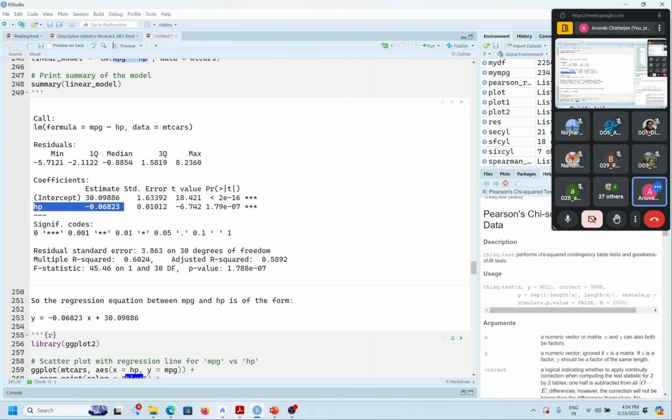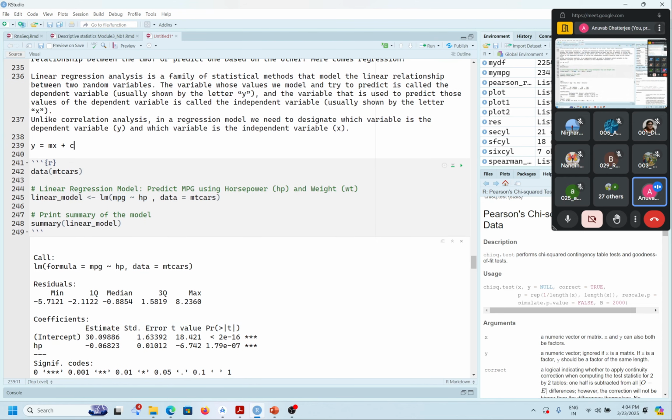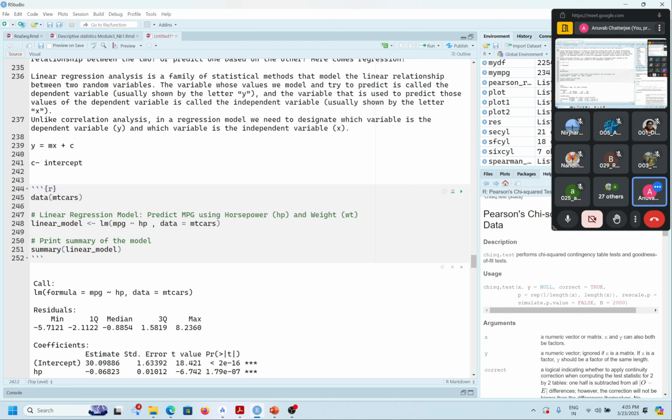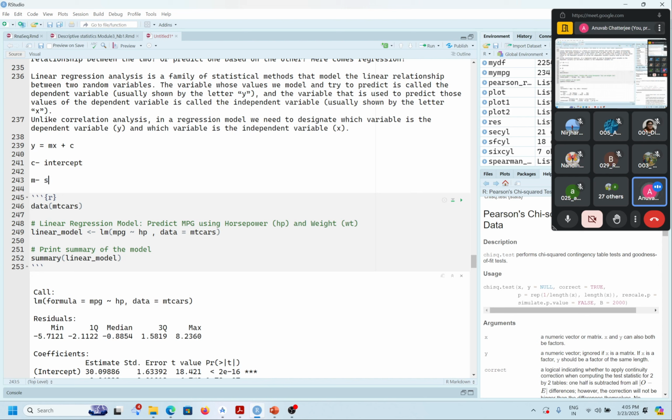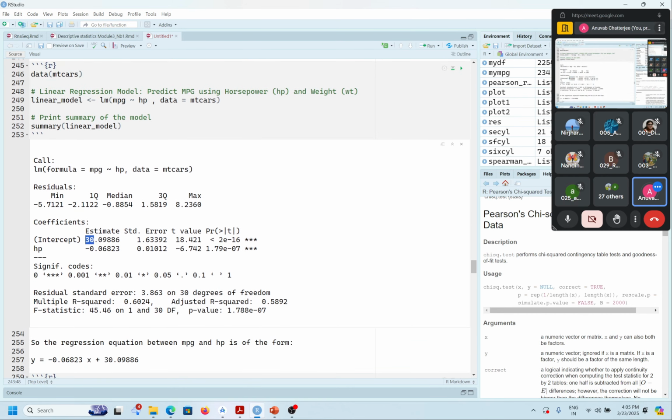So essentially intercept we know from old graph theory, c is the intercept, m is the slope or coefficient of the independent variable. So it gives you the intercept as well as the estimated coefficient of HP.